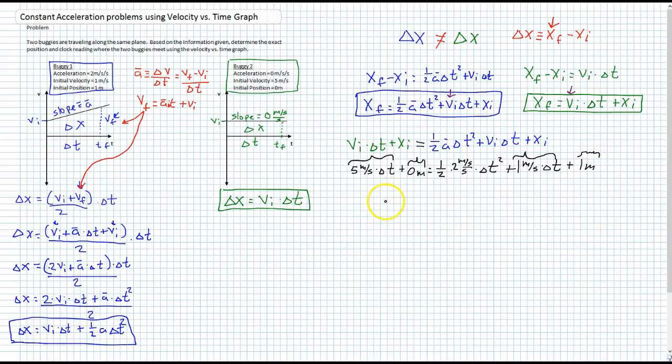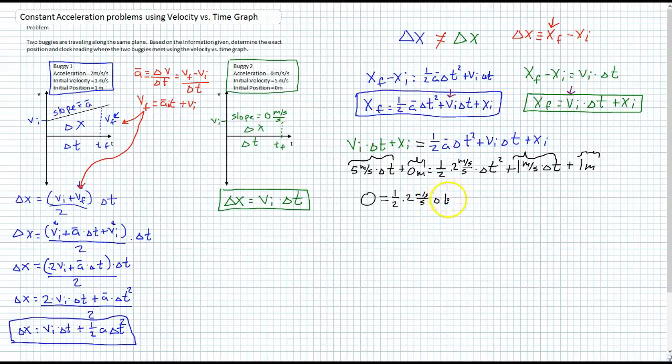Alright, so what I'm going to do to solve this problem and set up a quadratic formula is just make one side equal to 0. So I'm going to subtract 5 meters per second times delta t from the left side as well as the plus 0 meters. So 0 equals 1/2 times 2 meters per second.